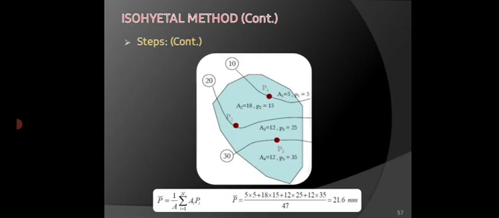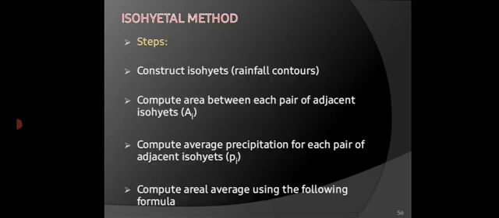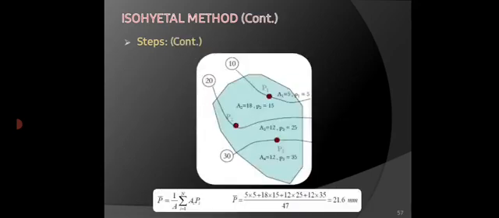Then find the area between two contours, say A1, A2, A3 and A4, right? Compute the average precipitation Pi for each pair of adjacent isohyets, that is, the average of the rainfall values of the adjacent contour lines.